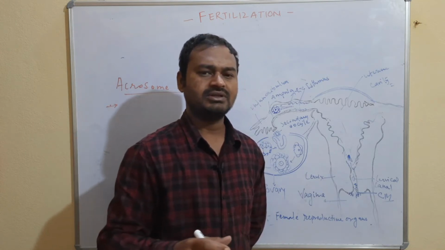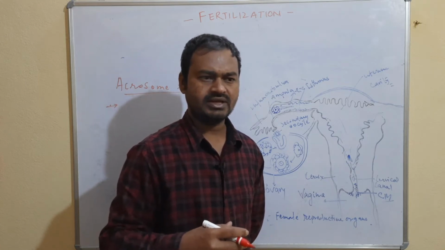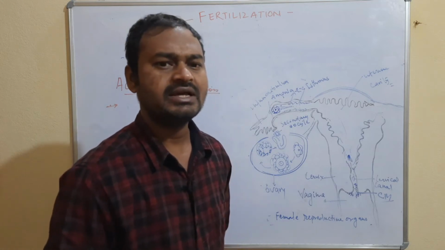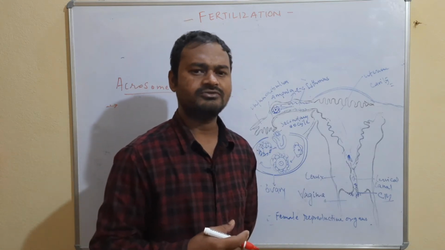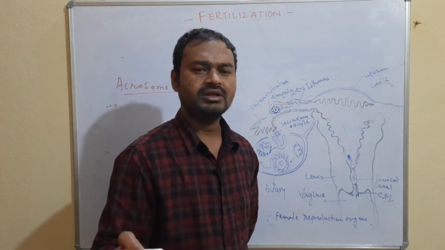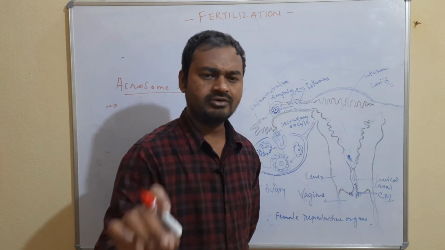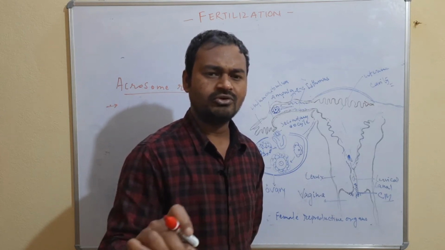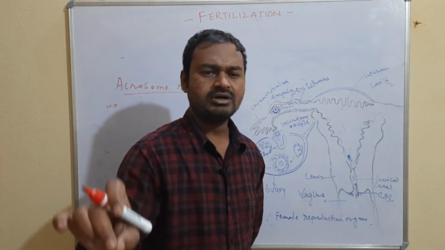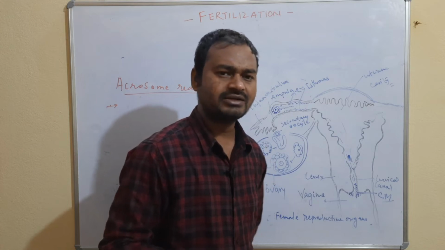It combines and fuses with the cumulus, and after it fuses, it releases some sort of enzymes which are responsible for penetrating and making the pathway of the sperm toward the inner side of the membrane of the ovum. And what are those factors?